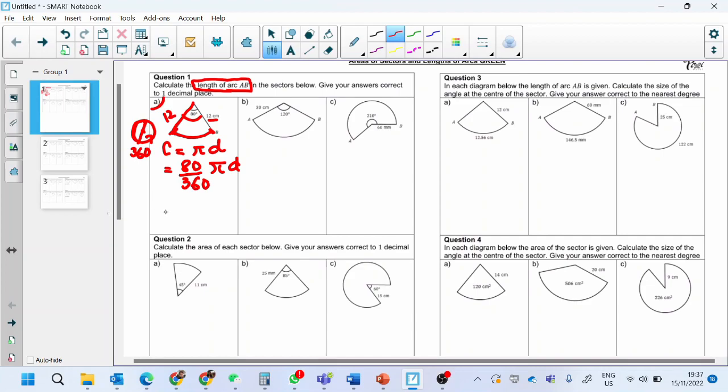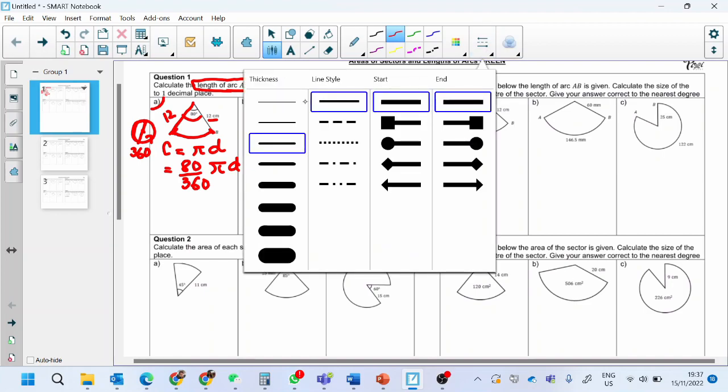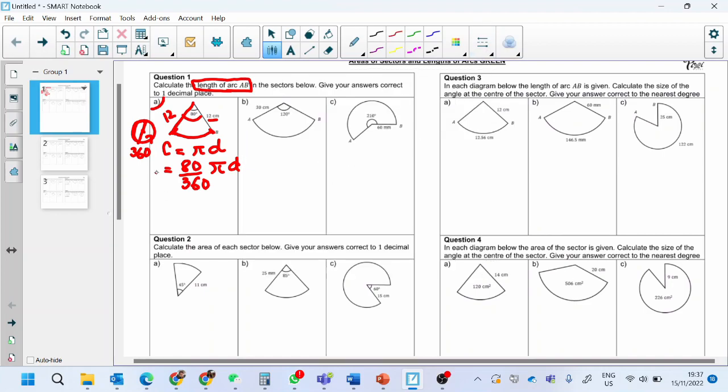So we write 80 divided by 360, and the value of pi is 3.14, and d is 24, right? This should give us the length of this arc AB.